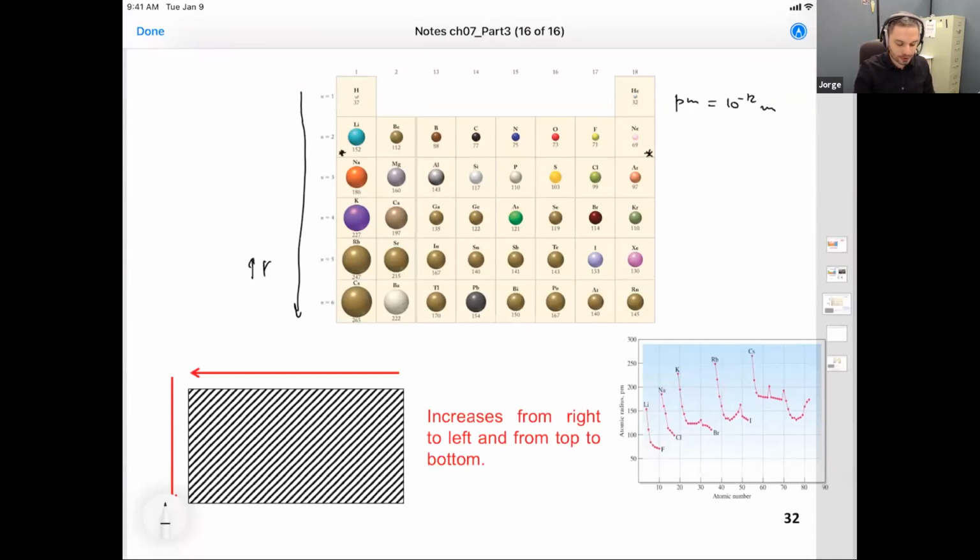Therefore, summarizing the periodic trend for the radius, it will increase from top to bottom and from right to left. Okay, increasing from top to bottom and from right to left.